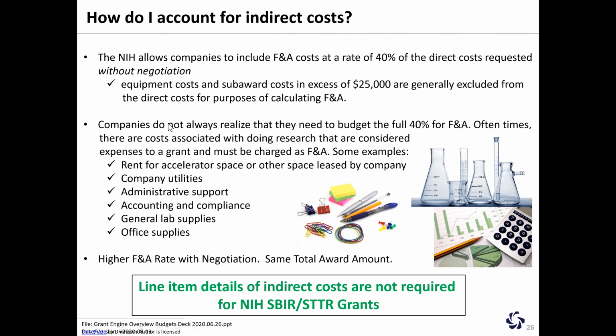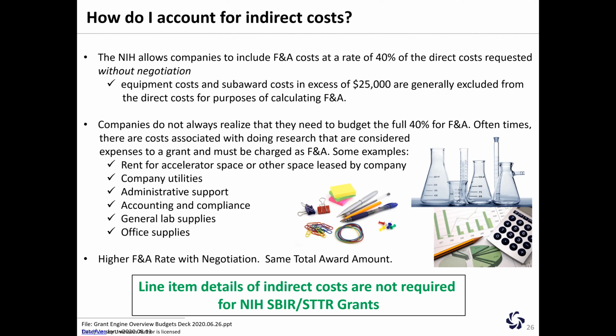This important middle section underlines the point we talked about earlier, which is it's super easy to not realize how much it costs to run a business. We've had folks come to us and say, hey, can we just make F&A 0? And we've told them that's just not a good idea. Most folks listen.